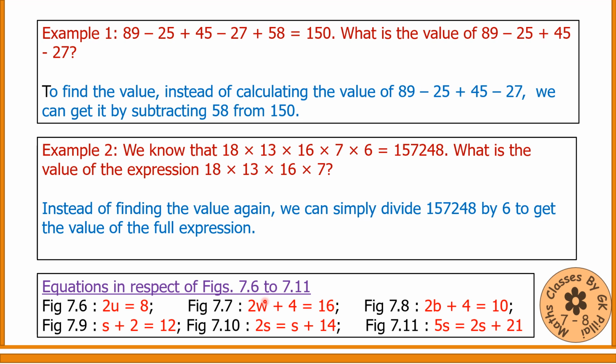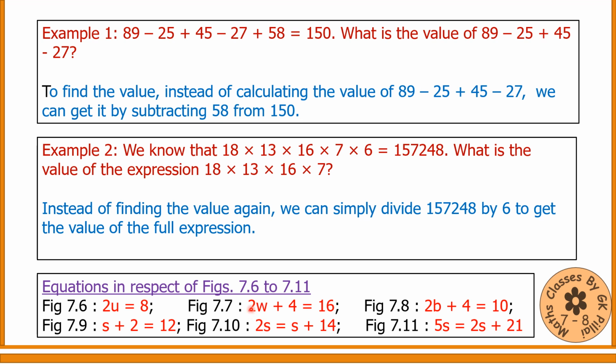These figures are meant for explaining the concept of equations where the LHS should be equal to RHS. Sometimes equality can be maintained or achieved by removing equal weights from both the sides. This is what is explained in the beginning of the textbook.